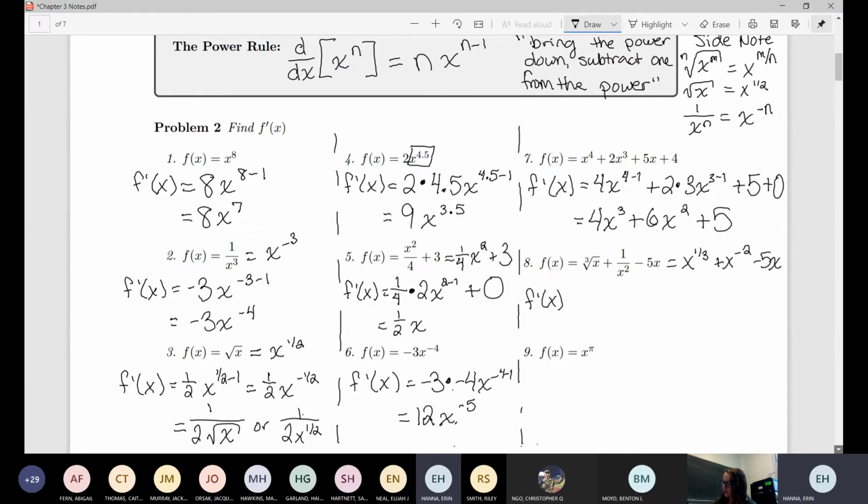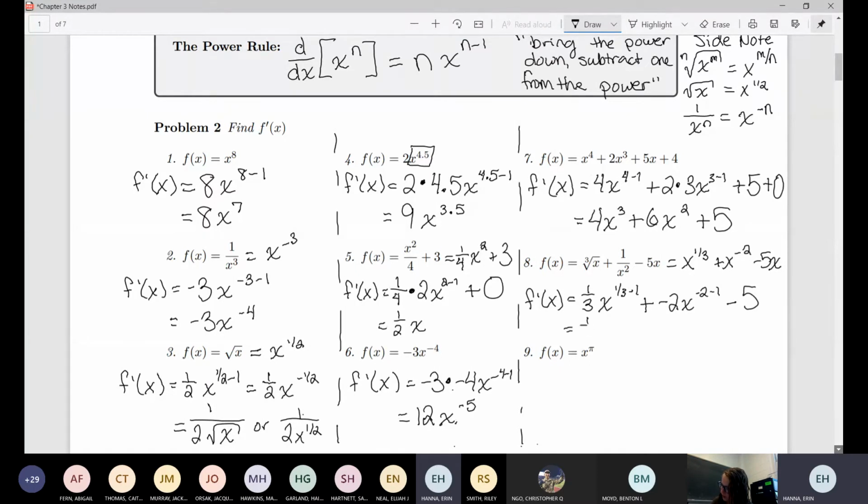So for our derivative here, I have x to the 1/3 because I had a third root. So bring the power down, subtract 1 from the power, add that to the derivative of x to the -2nd, bring the power down, subtract 1 from the power, subtract the derivative of 5x, or if you want to think about adding the derivative of -5x, whatever floats your boat, that would be just 5.